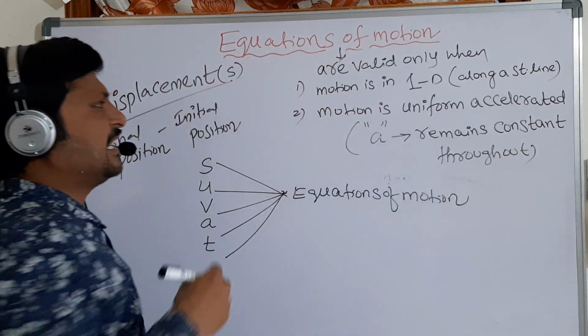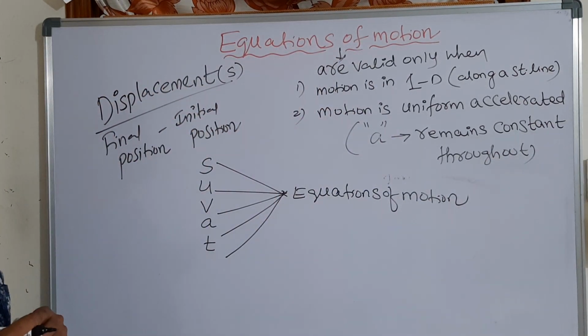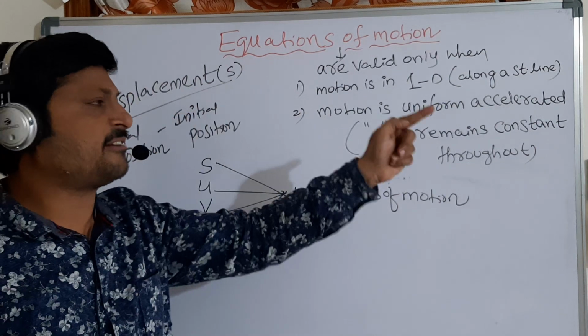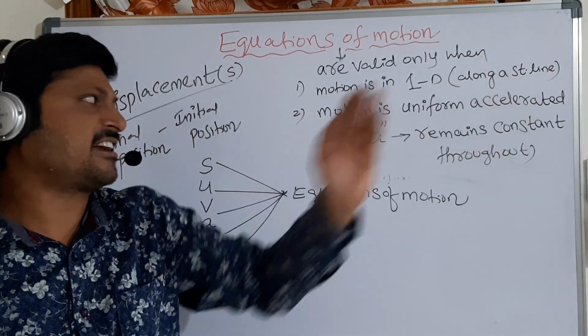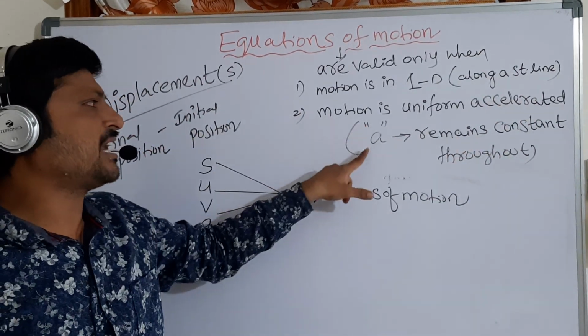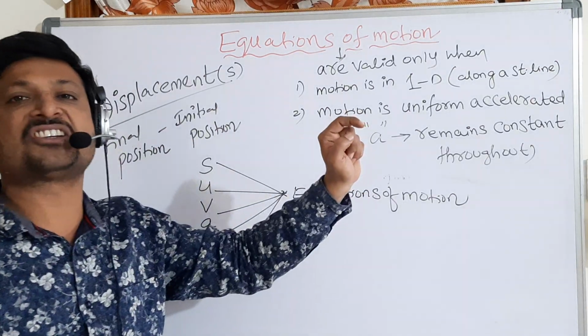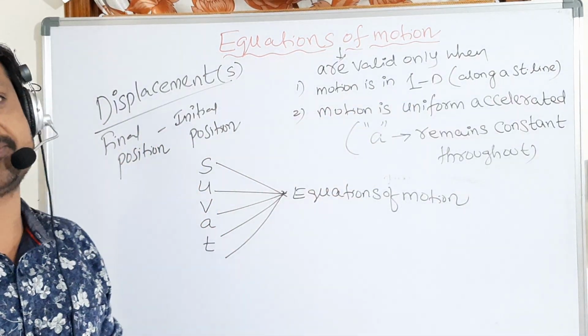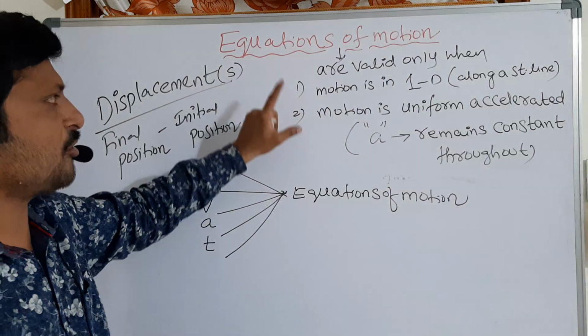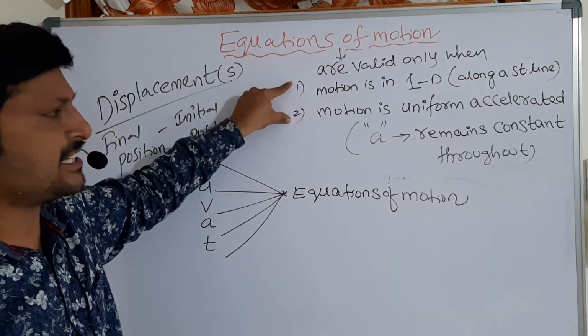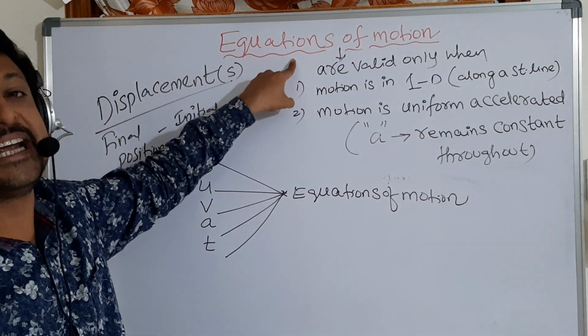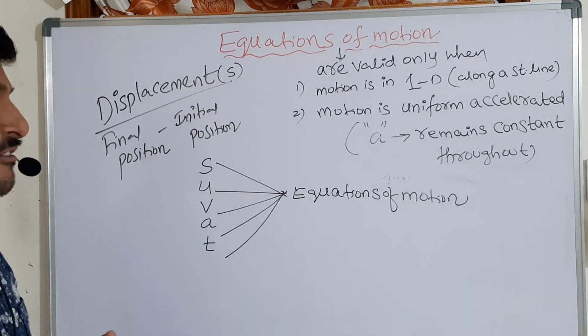So these are the conditions for equations of motion. The motion is one dimensional, meaning the body moves along a straight line, and during the motion acceleration remains constant throughout. So remember these two conditions. When these two conditions are fulfilled, then only equations of motion are valid.